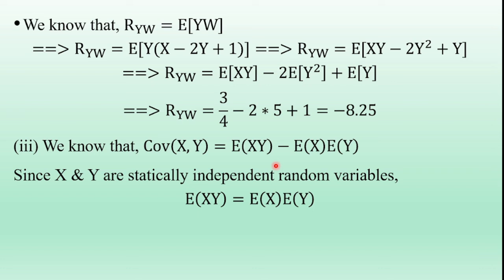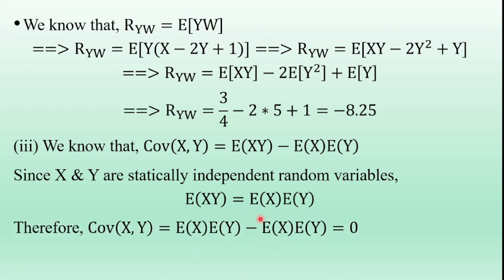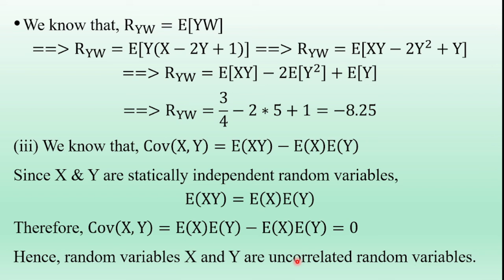Given that X and Y are statistically independent random variables, the condition is that the expectation of the product of random variables is equal to the product of their individual expectations. Substituting this condition into the equation, the covariance of X comma Y is equal to 0. Therefore, the random variables X and Y are uncorrelated random variables.